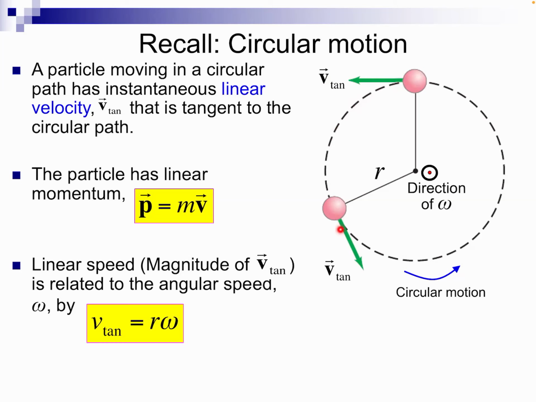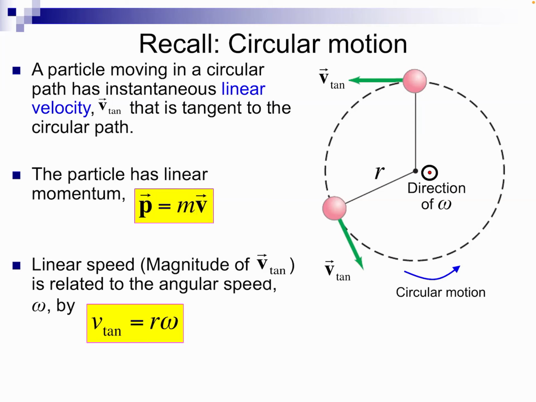At this point, the linear velocity will have a different direction, which is again tangent to the circular path. Because your object has linear velocity, it will also have linear momentum. And we learned that linear momentum relates the linear velocity v to the mass m of the object.